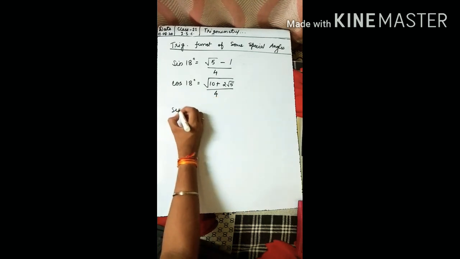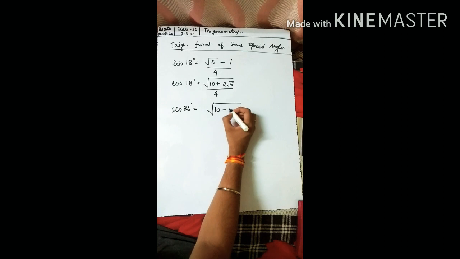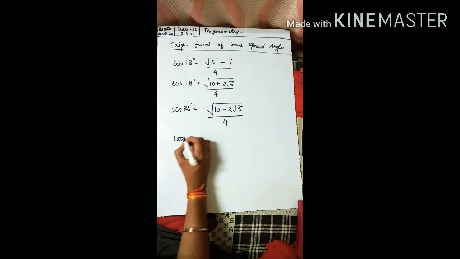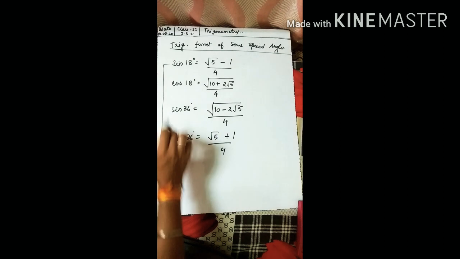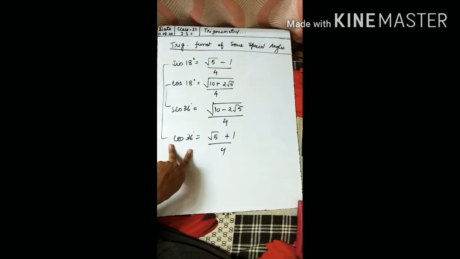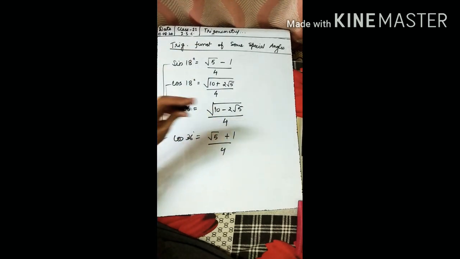Similarly you have sine 36 also. Sine 36 is under root of 10 minus 2 root 5 upon 4, and cos 36 degree is root 5 plus 1 upon 4. Actually these two are related and these two are related. Sine 18 degree and cos 36 degree, and sine 36 and cos 18. Their values are the same, but there is a difference of only the sign.